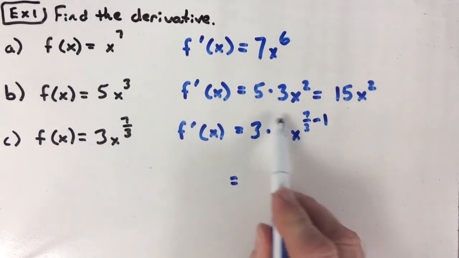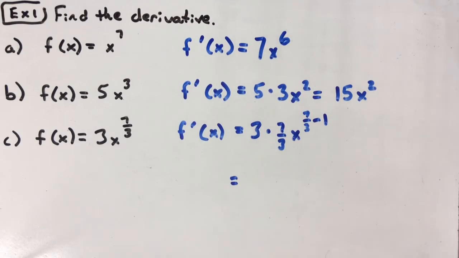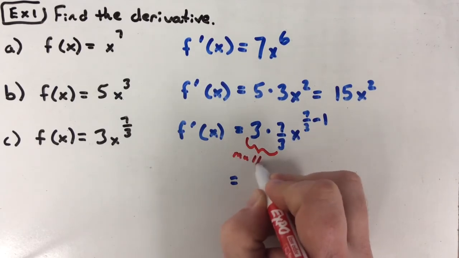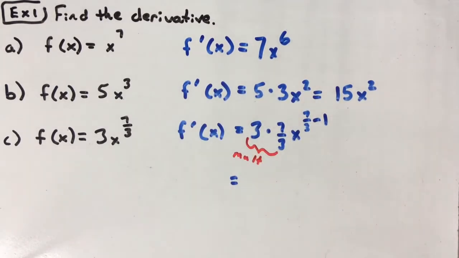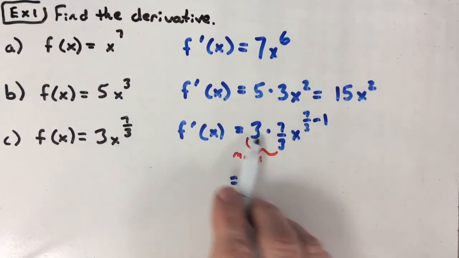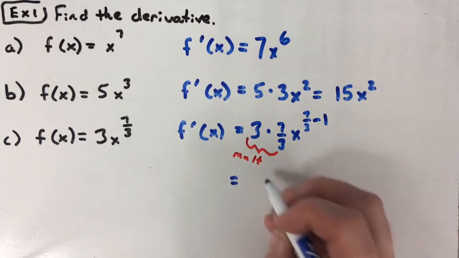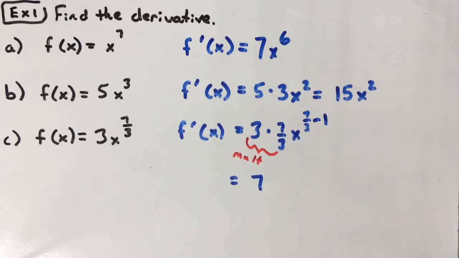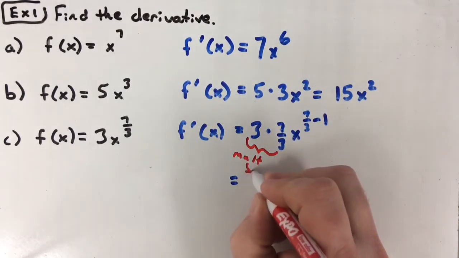You'd want to go through and multiply 3 and the 7/3 together. So if you multiply these two together here, 3 times 7/3, well, you can throw that into your calculator if you want. Otherwise, the 3 here would cancel with the 3 in the bottom, and we would just get the number 7. So when you multiply those together, you just get the number 7 in front.